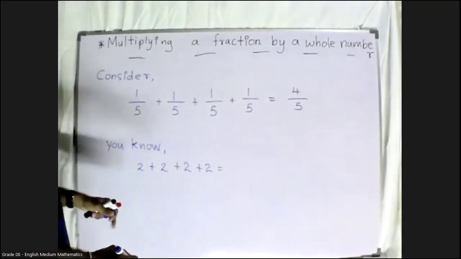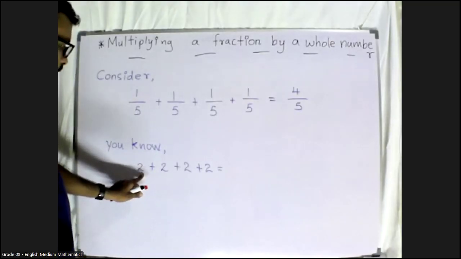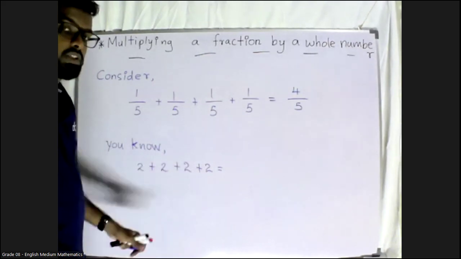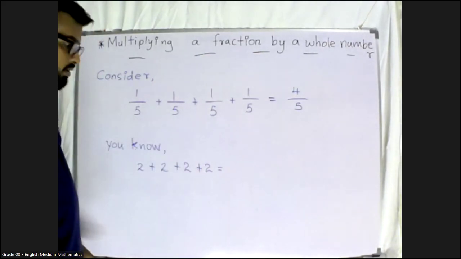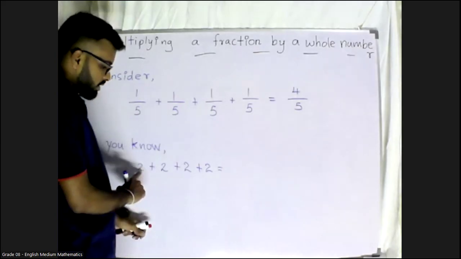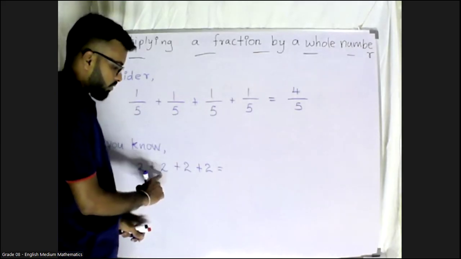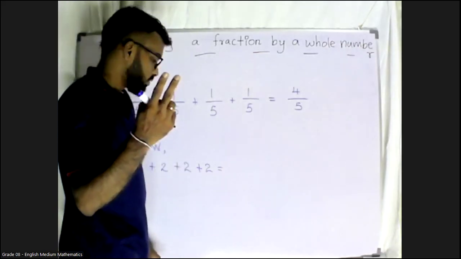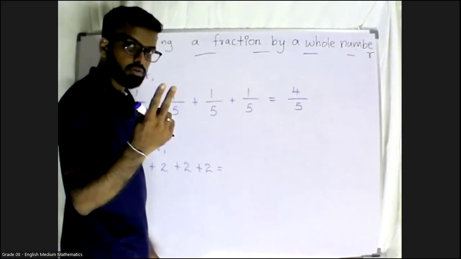Right? How can you write this? You have 2 plus 2 plus 2 plus 2, which is 8. And here you have 4 twos, right? 4 twos.